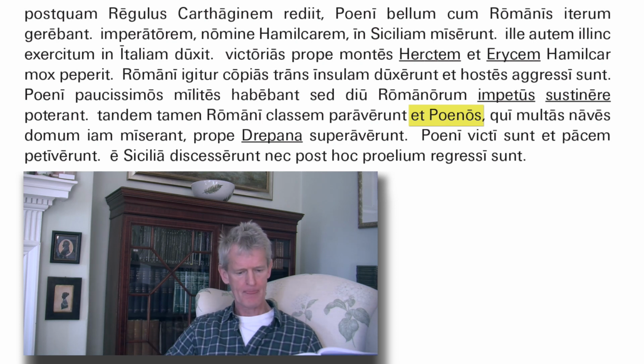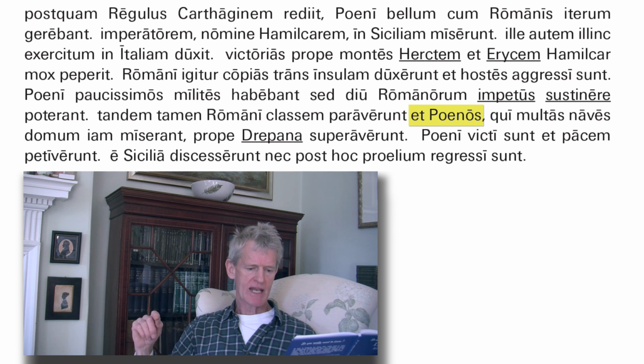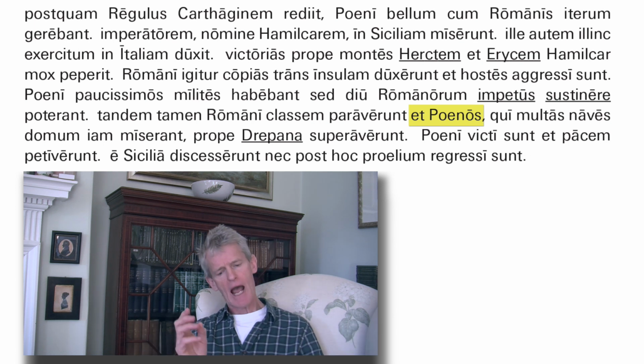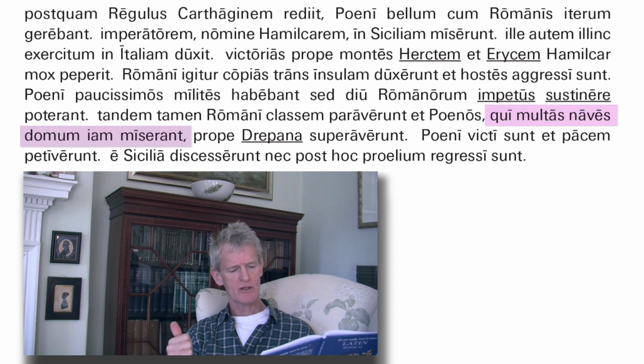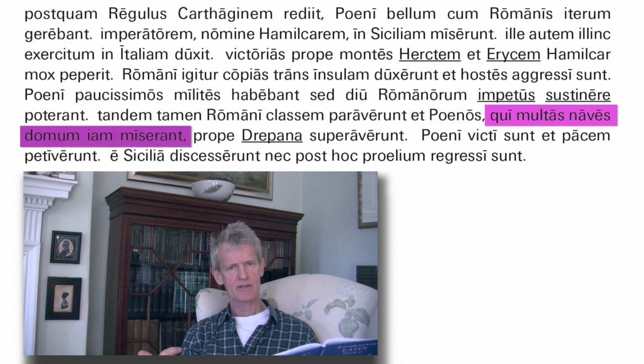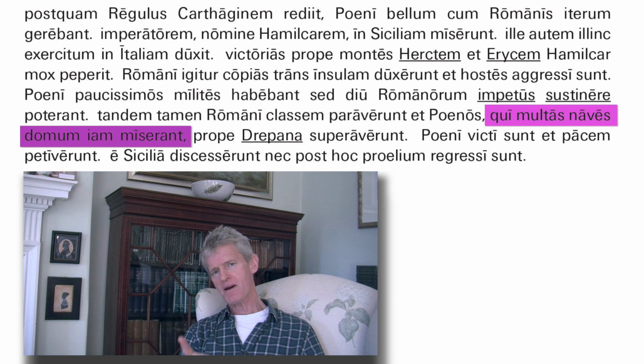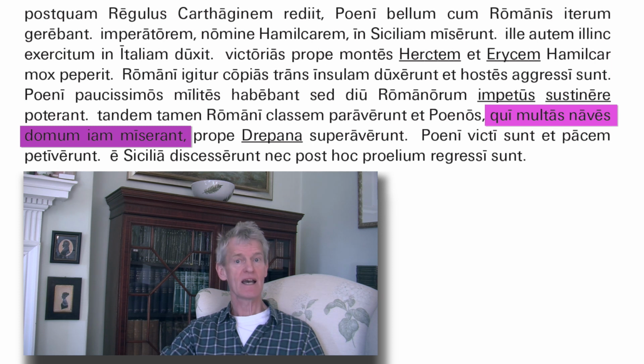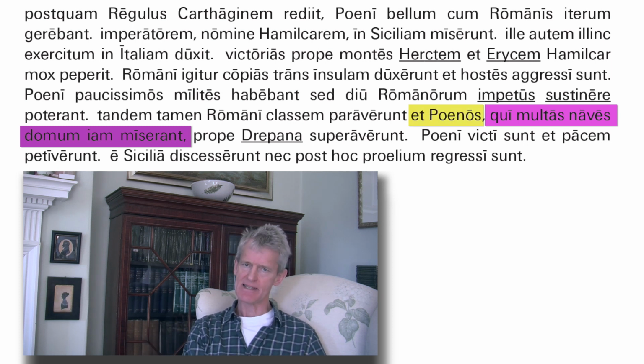these poinos. So, hop over poinos, and then you've got a relative clause, qui multas naves domum iam miserant. And if you remember, when do we translate a relative clause? We translate a relative clause immediately after we have translated the antecedent. Remember that rule?